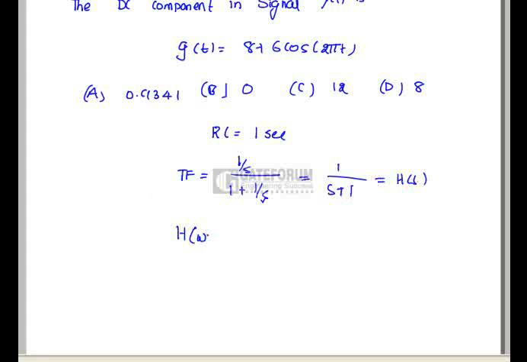H of omega equals 1 by (1 plus j omega). Here g of t equals 8 plus 6 cos of 2 pi t. Here omega equals 0 as well as 2 pi. These are the frequency components present in g of t.